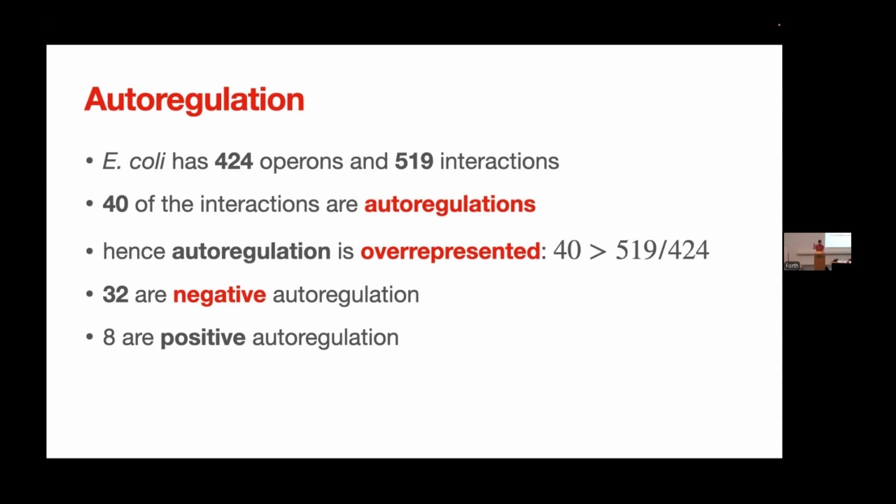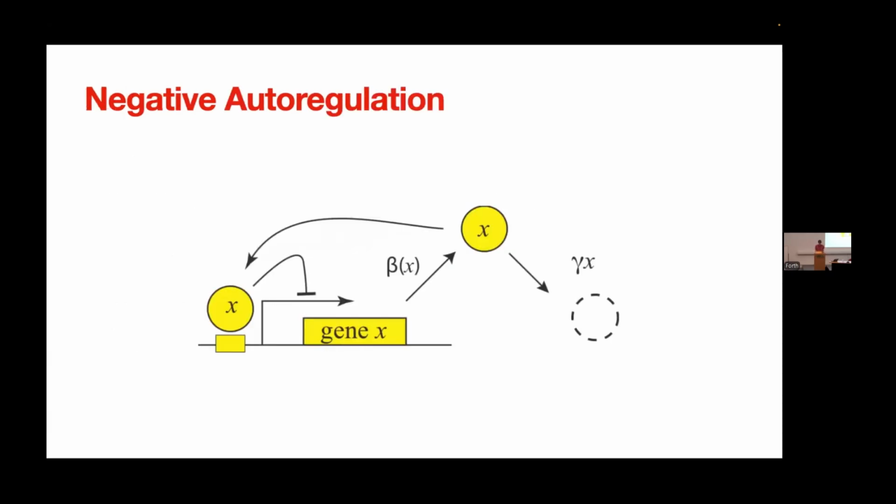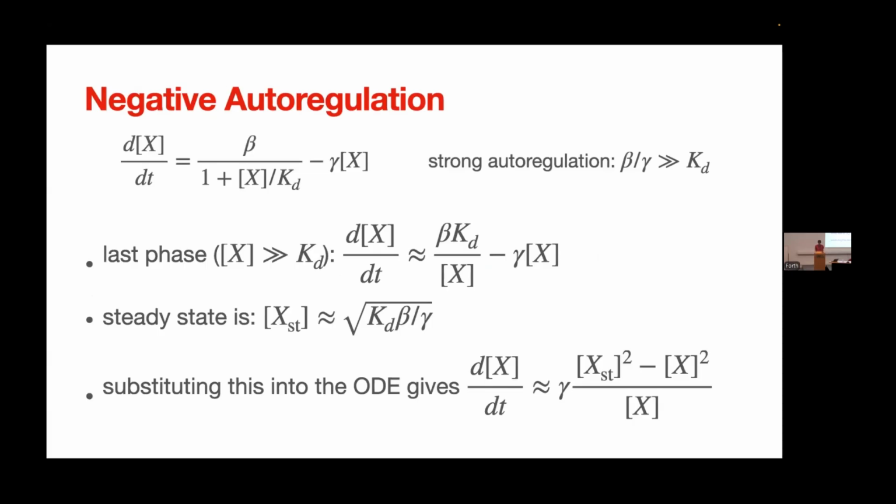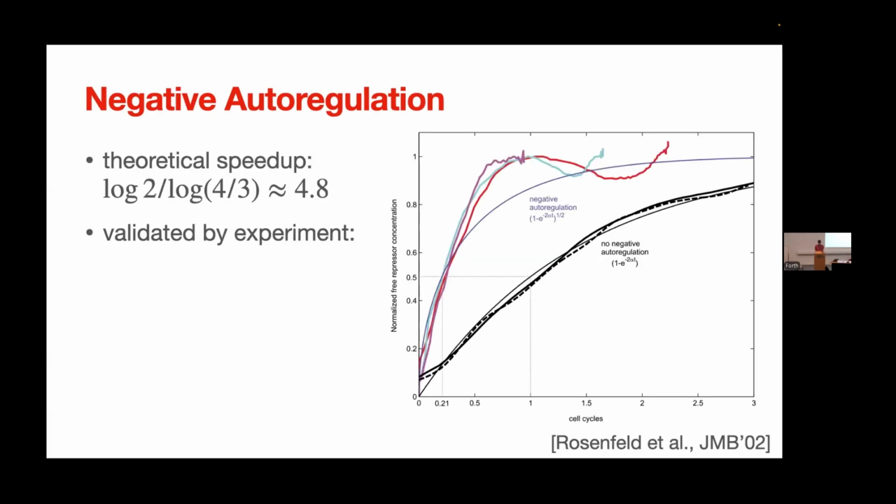And here, of course, 40 is much bigger than the 1 point whatever that you would get. And it turns out that most of them are negative auto-regulations. Let me say 2 words about auto-regulation, first negative and then positive, and then let's go into the break.